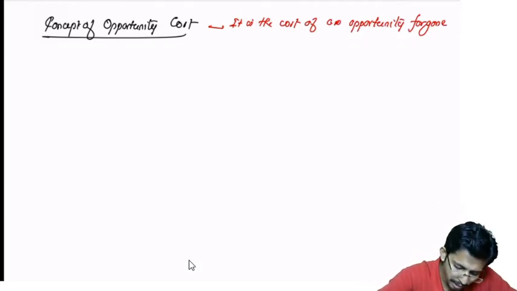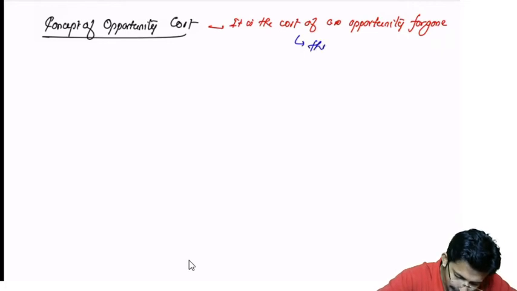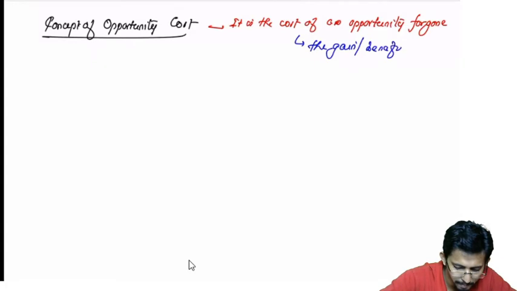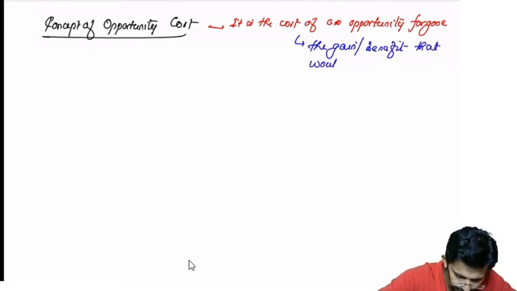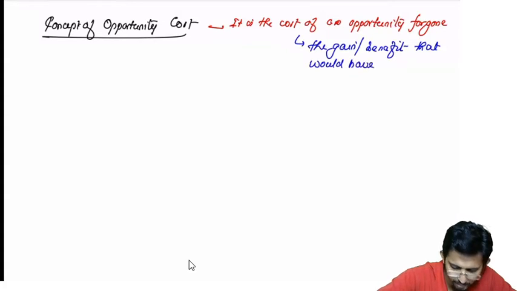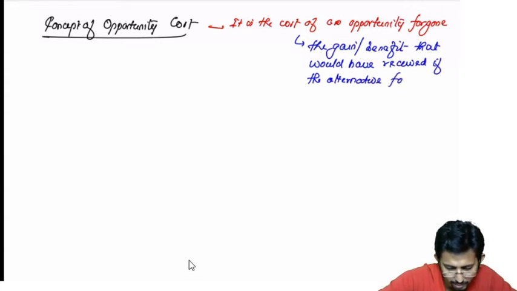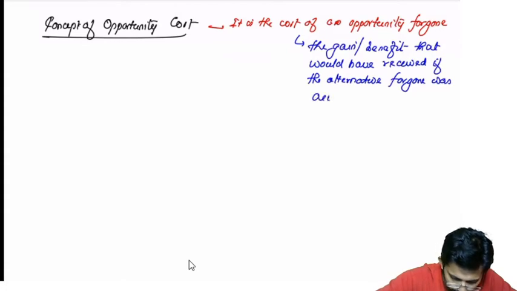Cost of an opportunity foregone is nothing but the gain or benefit that you would have received if the alternative foregone was accepted or executed.